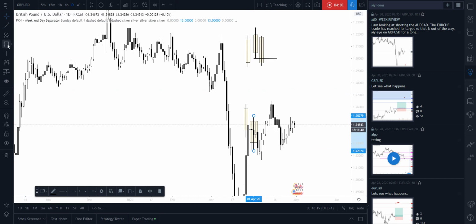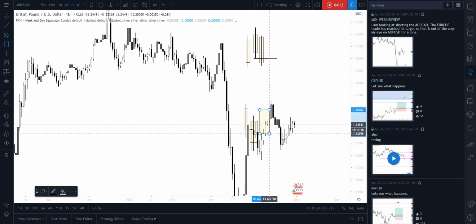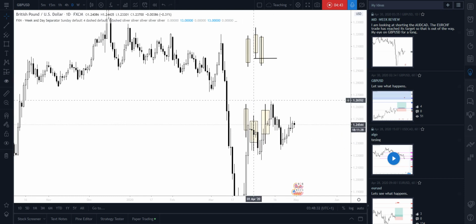It's not the best drawing, but it'll do for now. Let's say this is the opposing swing low, and that's the swing high just formed when we traded down below this low.